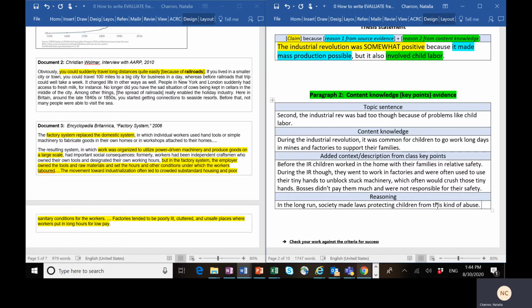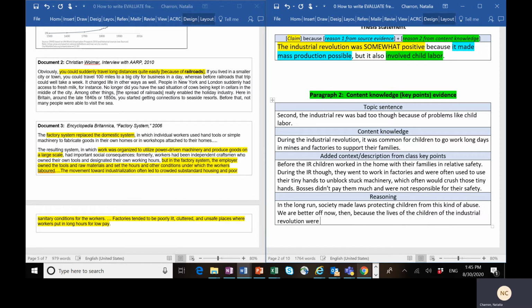Employers are responsible for people's safety, right? I'm not going to write that whole thing, but we'll go with this. Society is better now, in other words. We are better off now than then. The lives of the children of the Industrial Revolution were so horrible that society changed to protect workers more.